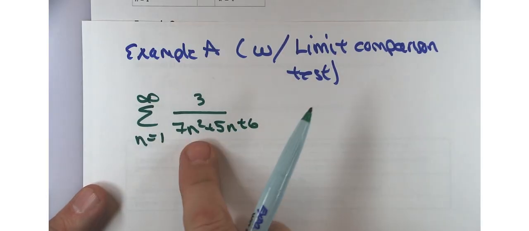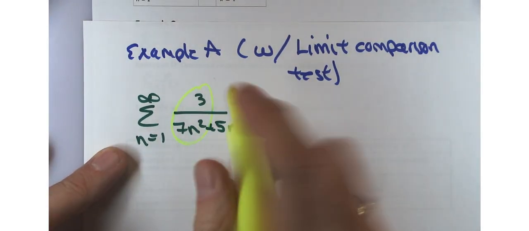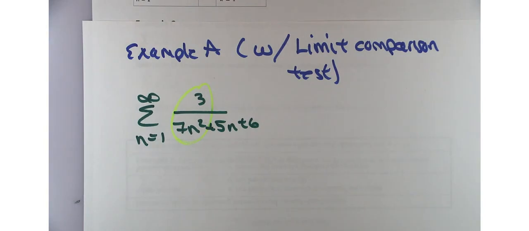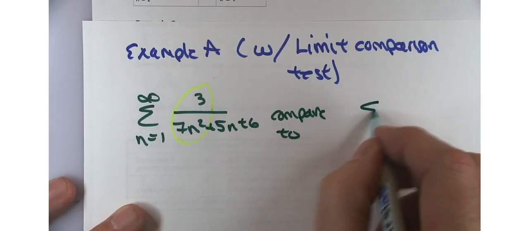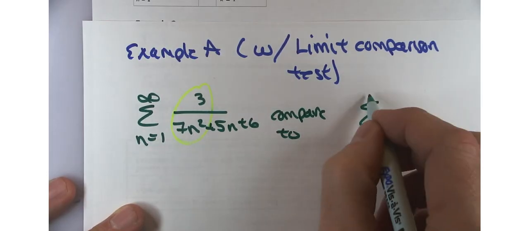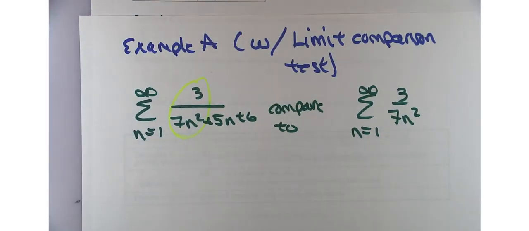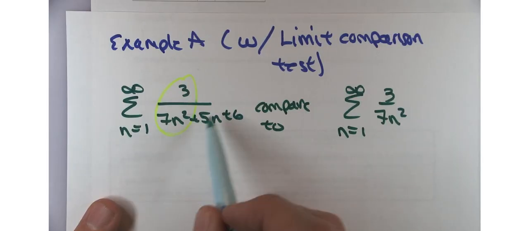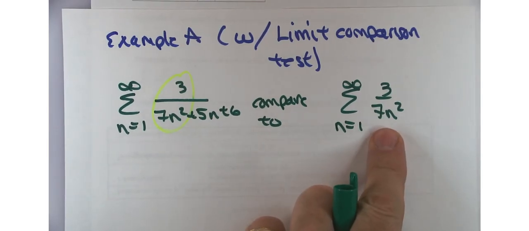And because most of this term is going to be dominated by just this little bit, let's compare that to this series, the sum from n equals 1 to infinity of 3 over 7n squared. Are you understanding why I chose that term to compare it to? It's because overall, this part of this series doesn't matter. And there's also a bonus. We know that this thing converges.